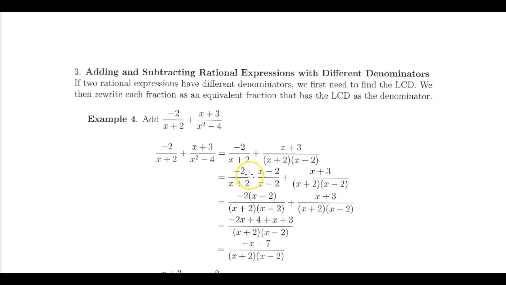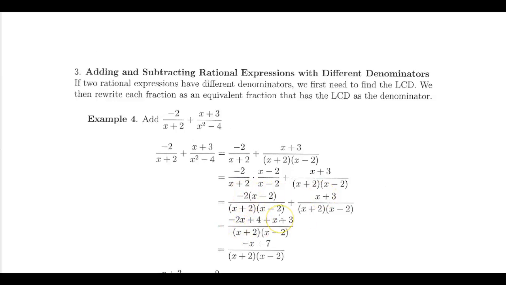So to simplify the first fraction, I have to multiply the negative 2 by the x minus 2, and I wrapped the x minus 2 in parentheses to make sure I distribute correctly. So I see now also that these two fractions have the same denominator, so I can add the numerators. If I multiply negative 2 by x minus 2, I get negative 2x plus 4.